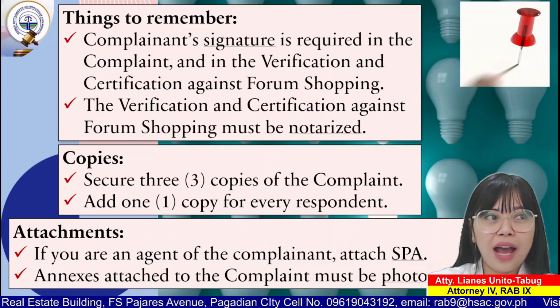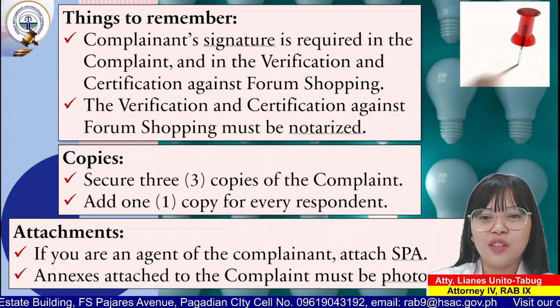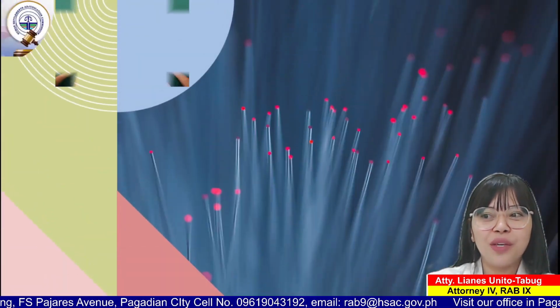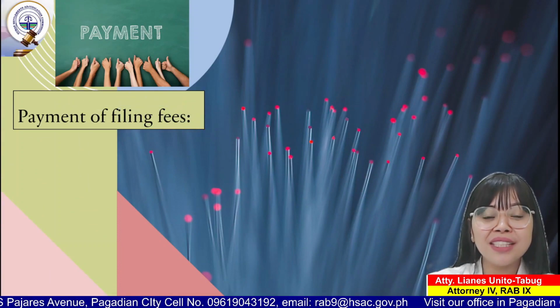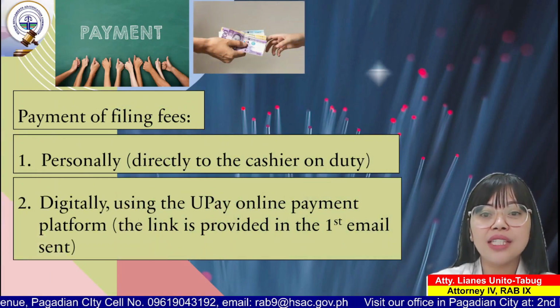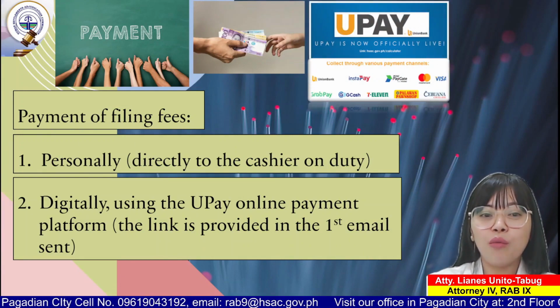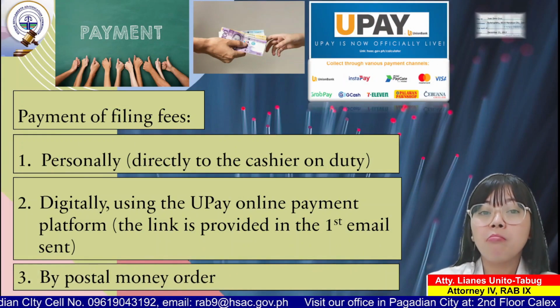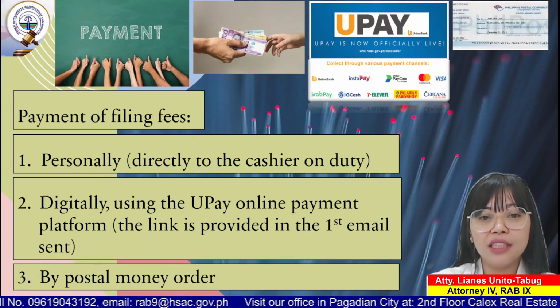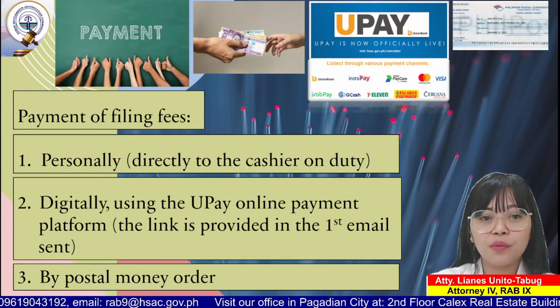So now you have your complaint. So what will you do next? So we are now in the payment of filing fees. Now there are 3 ways of doing this. One is by paying personally, directly to the cashier on duty.